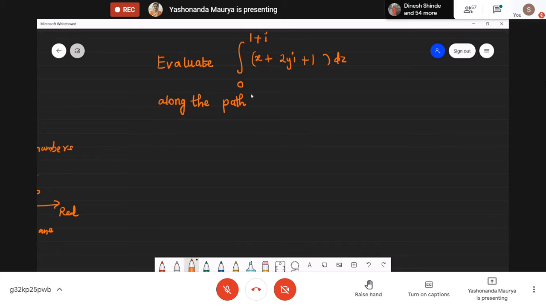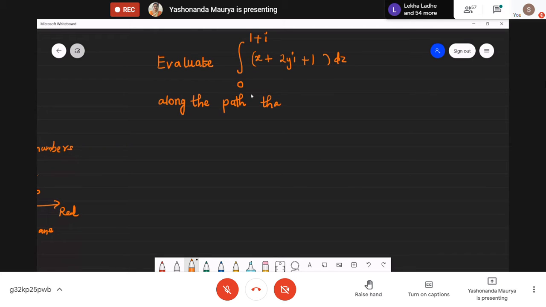So whenever a complex integration is given to us to evaluate, they will always mention what the path is. So what we have here is, along the path given, along the straight line.